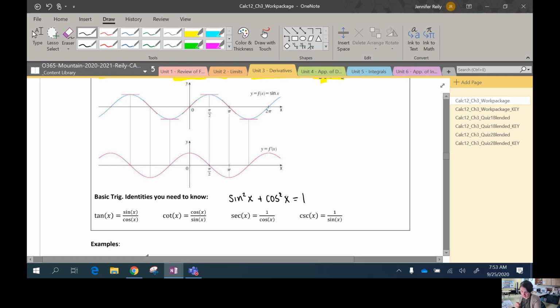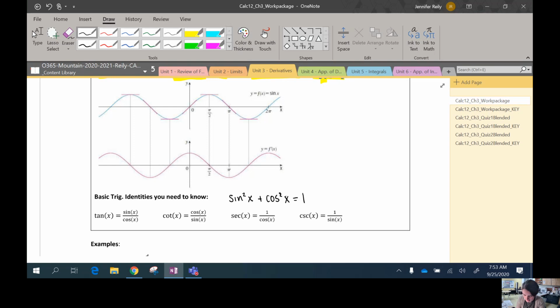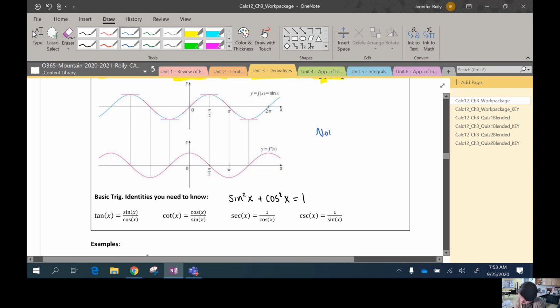In addition, a little bit of something to note with notation. People see this and get a little bit confused because they think, why is the little squared not around the entire function? It is technically so.